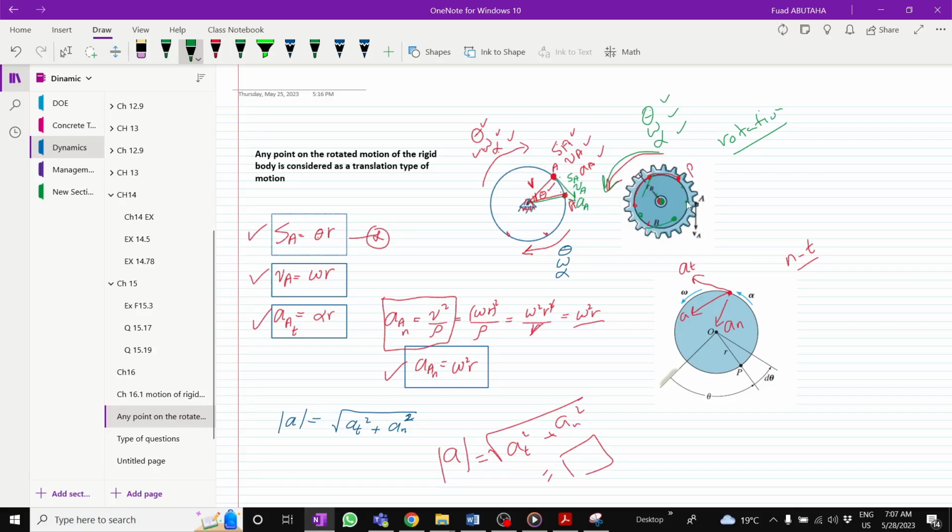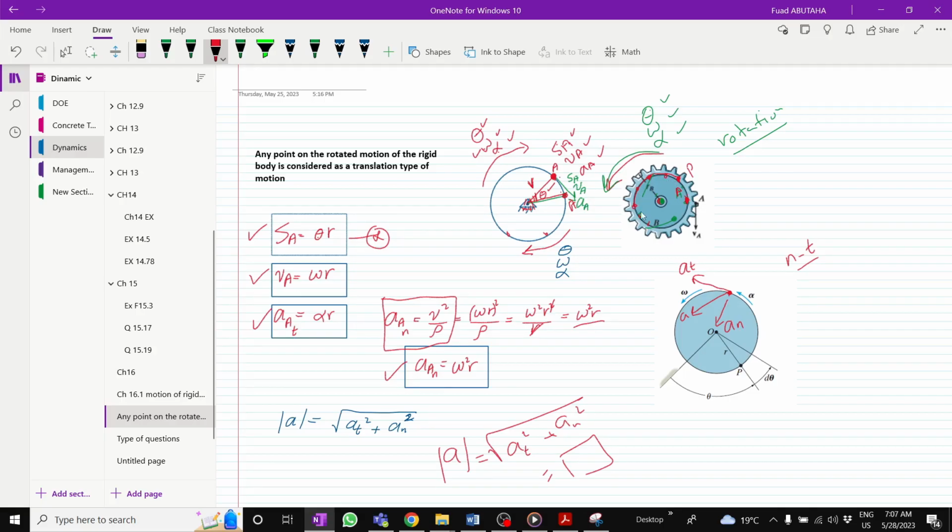For example, if I have a point here, we call it A. When this one is moving, A starts moving from this position to this position, then it will move to this position, etc. So point A, as a result of the rotation of the rigid body, will start moving from here, then here, and after some time will reach this one.